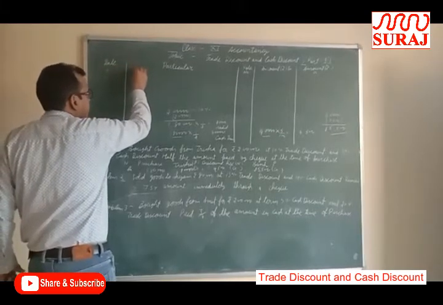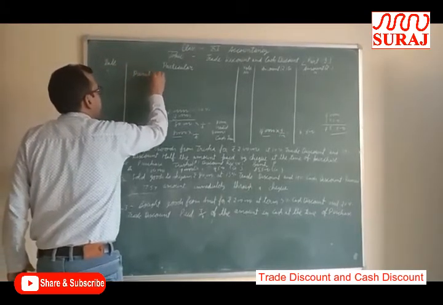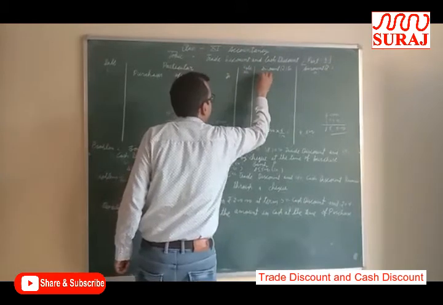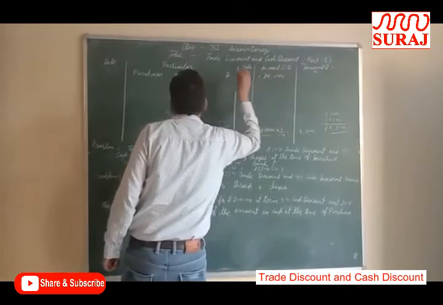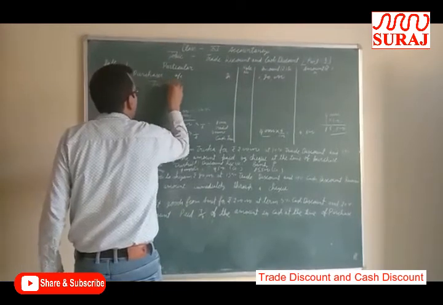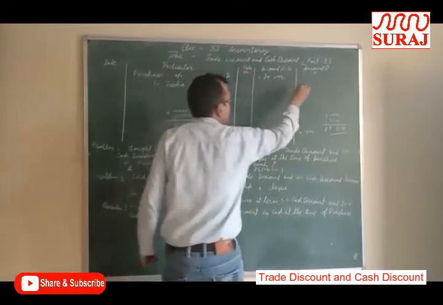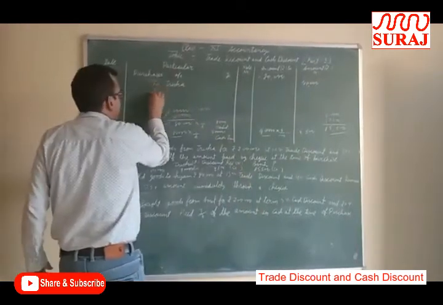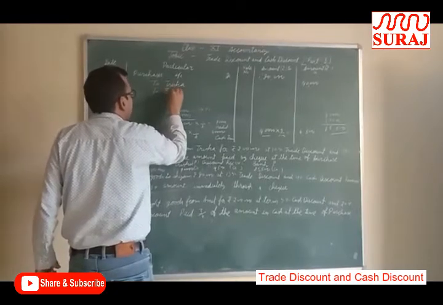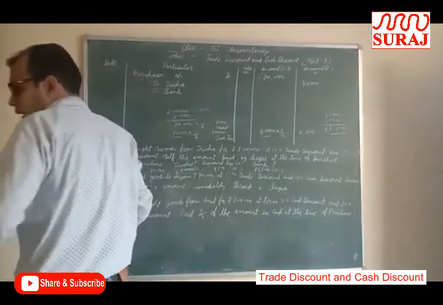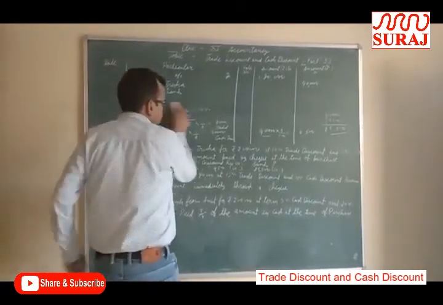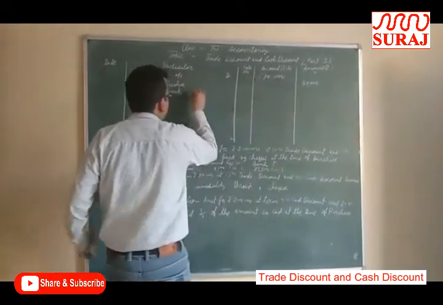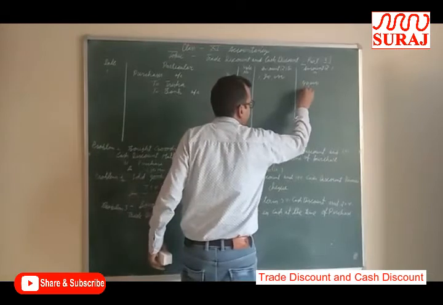first problem: purchases account debit 1,80,000, to Trisa 90,000, and bank credit, to bank account 85,500.